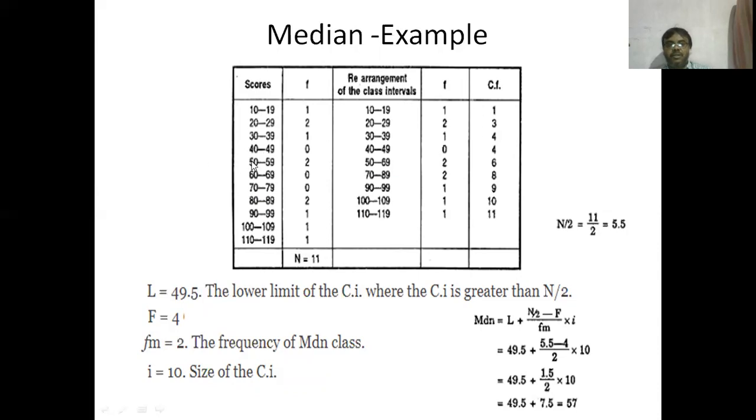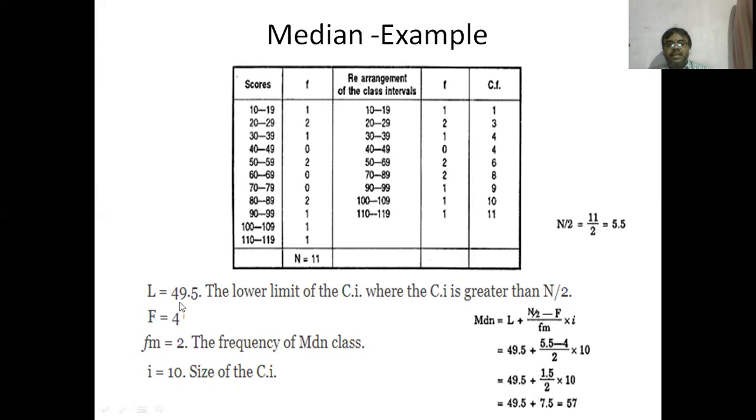Because you have to slightly adjust, 50 will become 49.5, so that it is consistent. This is 49.5 to 59.5, this is 59.5 to 69.5 and so on, so that there is always consistency. I hope this L is clear.